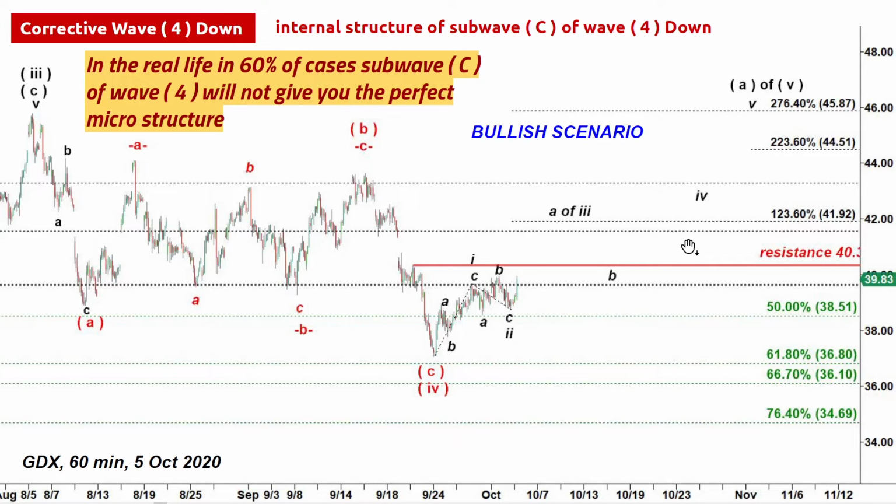Now let's come back to the chart we started from, the GDX 60-minute chart updated on October 5th. Remember, here we had uncertainty because in this particular case, subwave B up, even though it managed to make a higher high, was actually also a bullish running flat structure. You see, subwave B made a higher high, and subwave C made a higher low in comparison to the low made by subwave A. Again, expanded flat structures and running flat structures are very bullish.